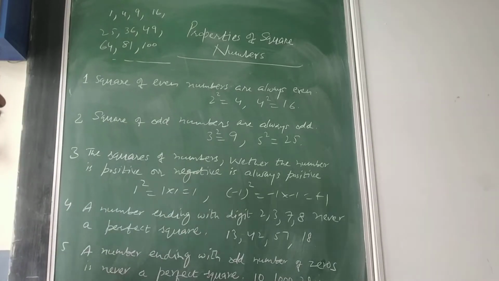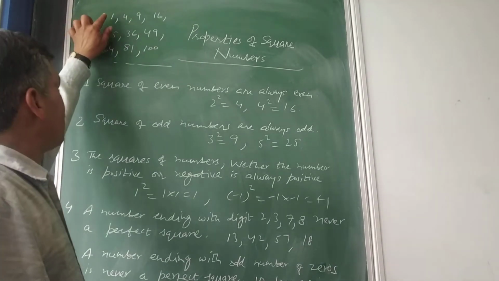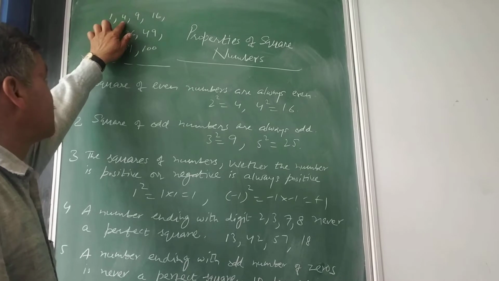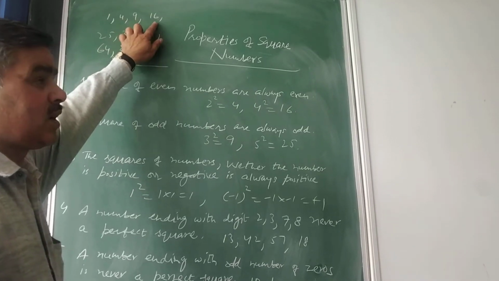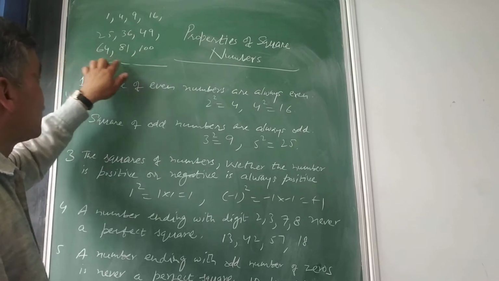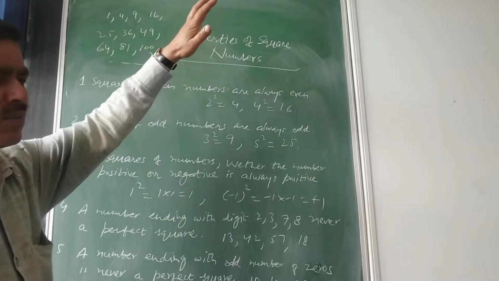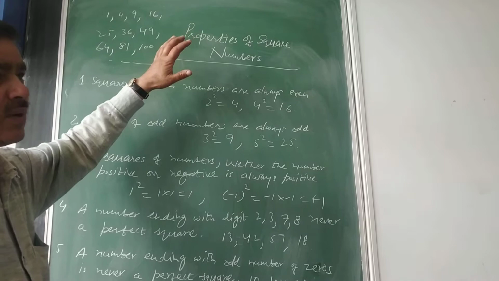So, in other words, you can say 1 is a perfect square, 4 is a perfect square, 9 is a perfect square, 16 is a perfect square. Why? Because these results, and so on, infinite numbers, can be perfect squares.